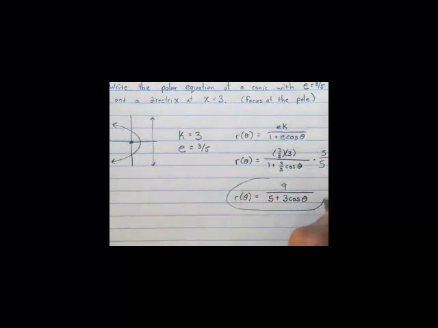So, all right, go back to your calculators. Punch that one in. See if you see the ellipse. You might have to zoom out a little bit to see it, but we should have a nice little ellipse opening to the left around the origin.